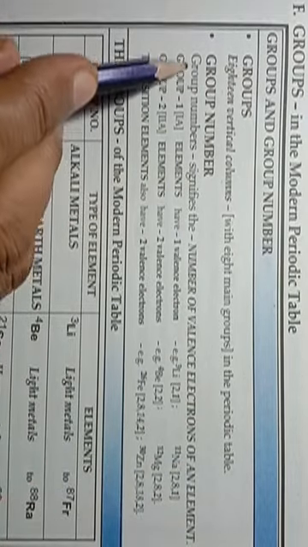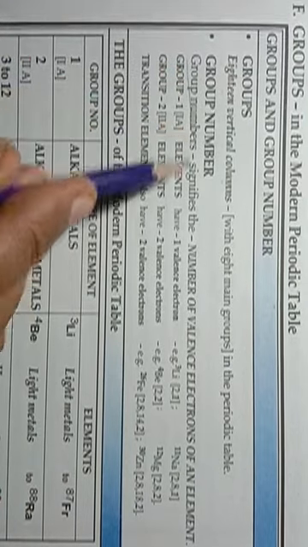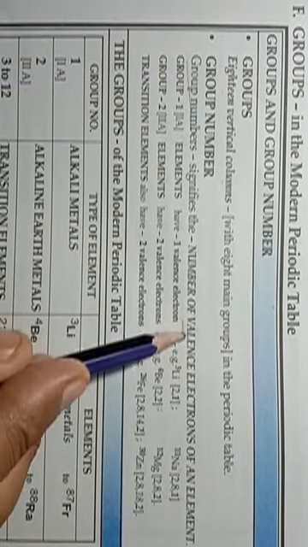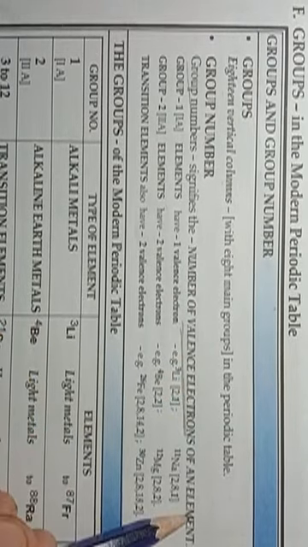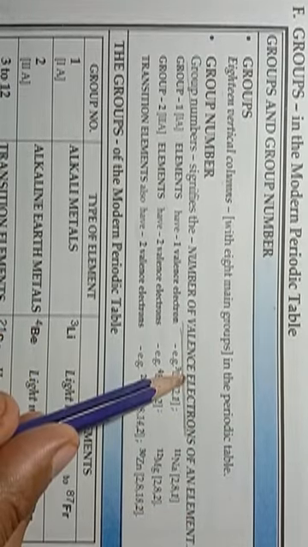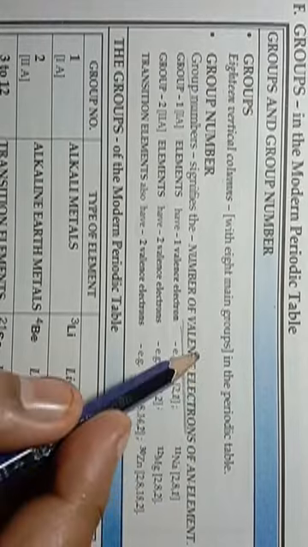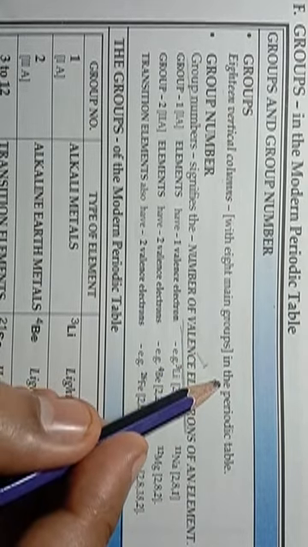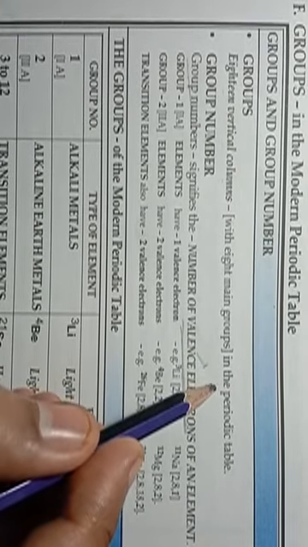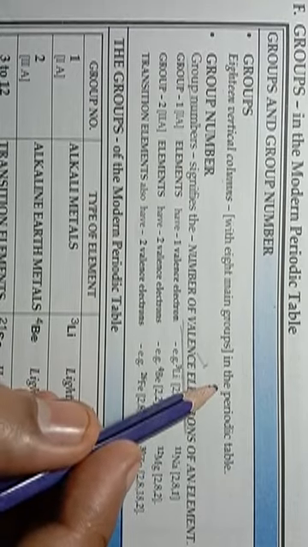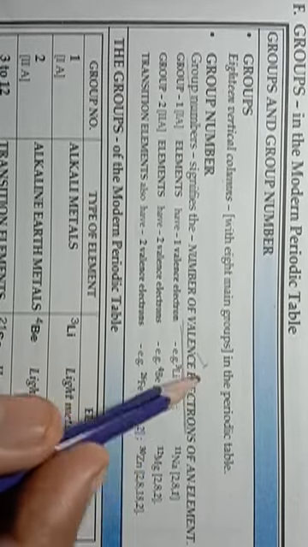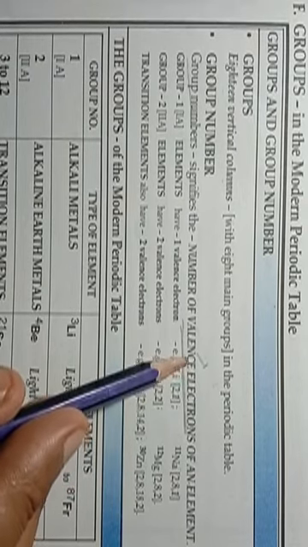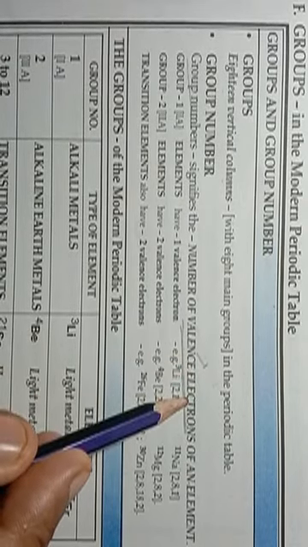Okay students, group number depends upon the number of valence electrons of an element. So what is the meaning of valence electron? The electrons present in the outermost shell, because the outermost shell is also known as the valence shell, and the electrons present here are known as valence electrons.